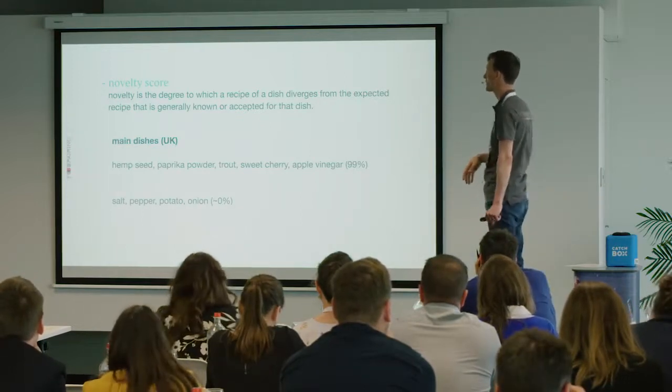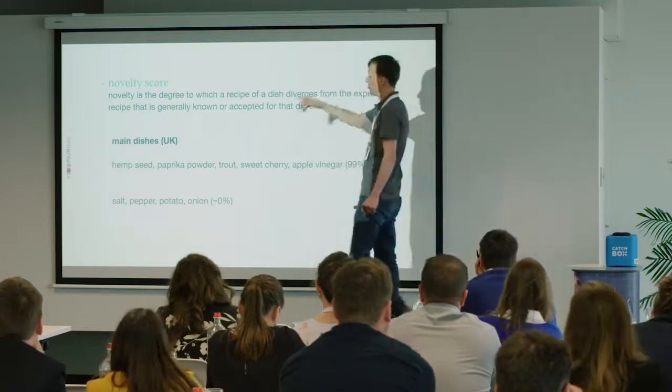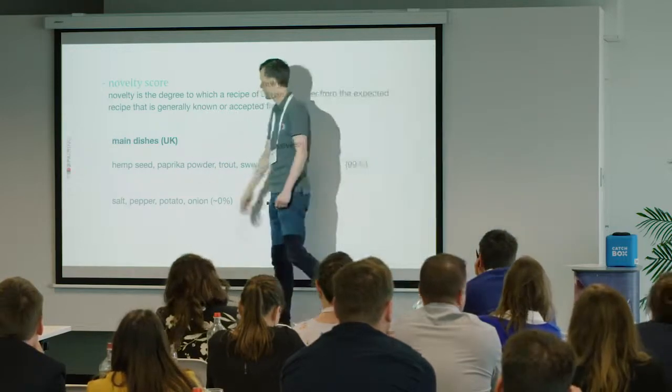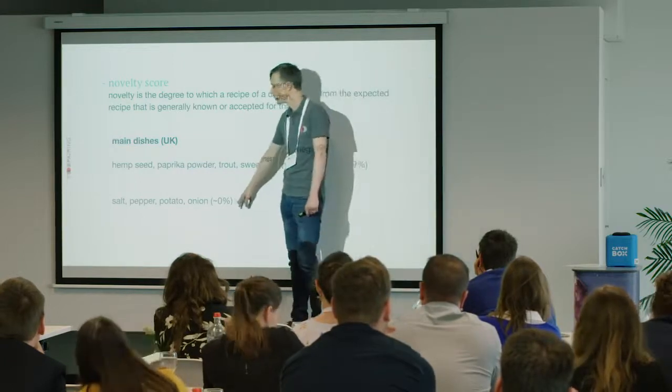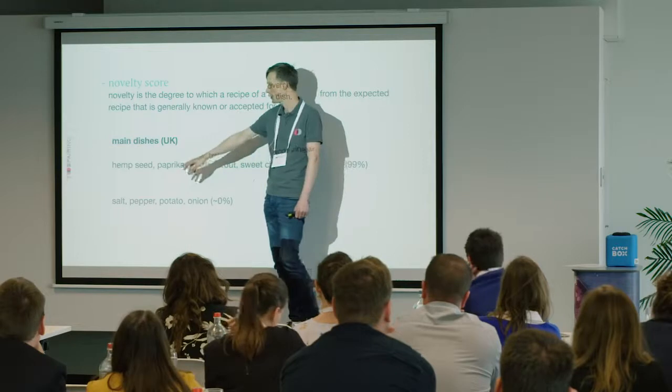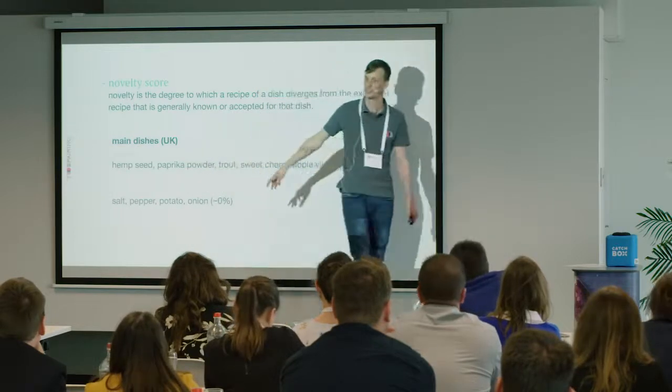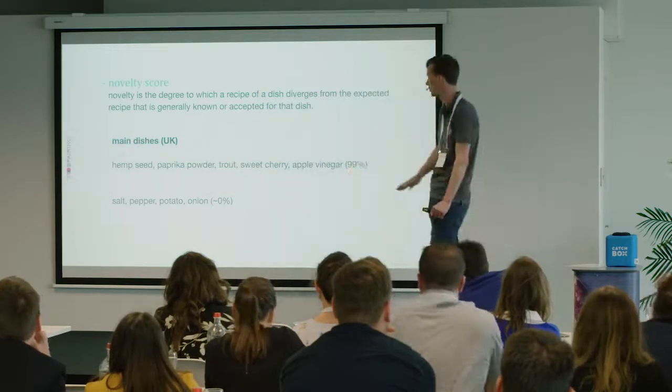If you, for example, take main dishes in the UK, the novelty is zero, so everybody knows a combination of salt, pepper, potato, and onion. So that's not at all novel.